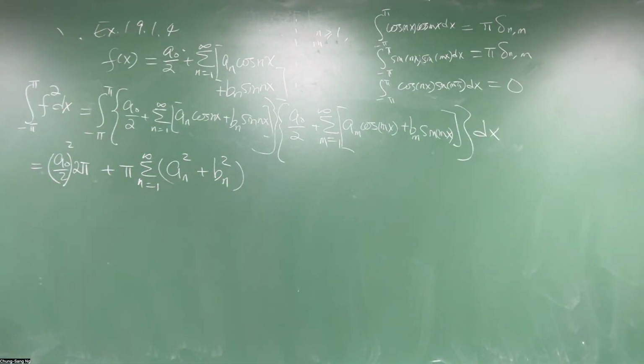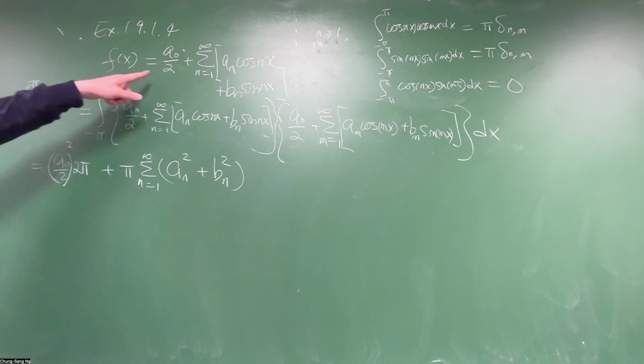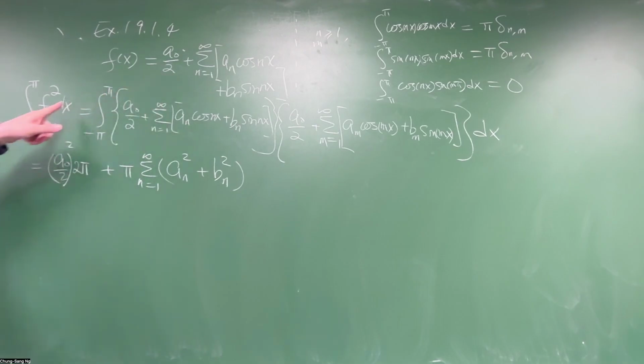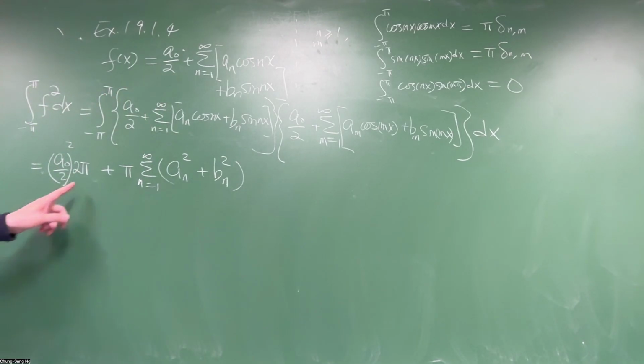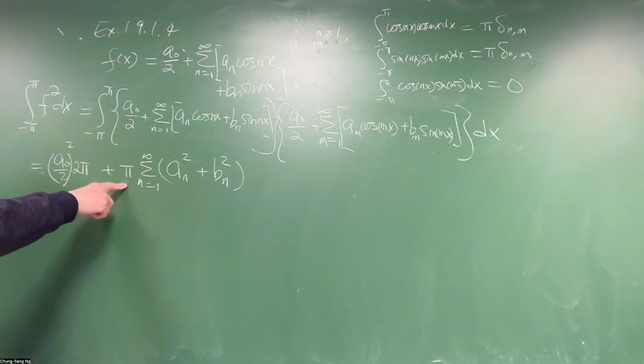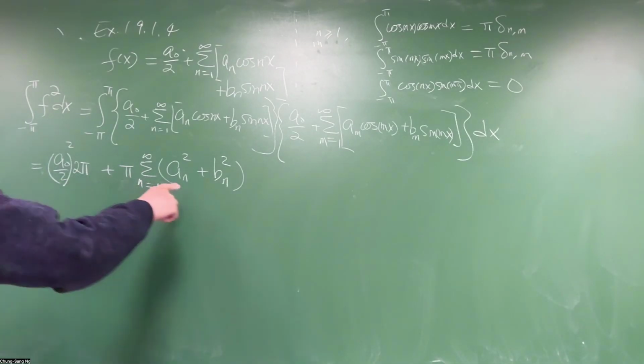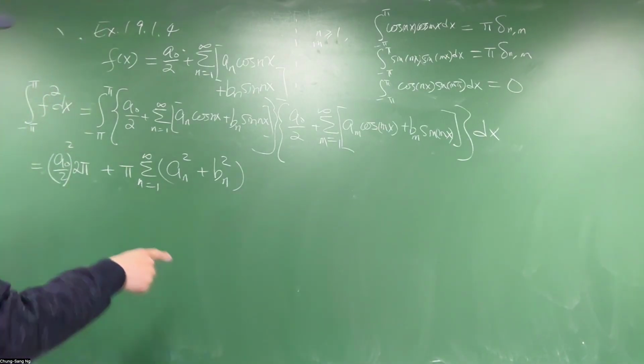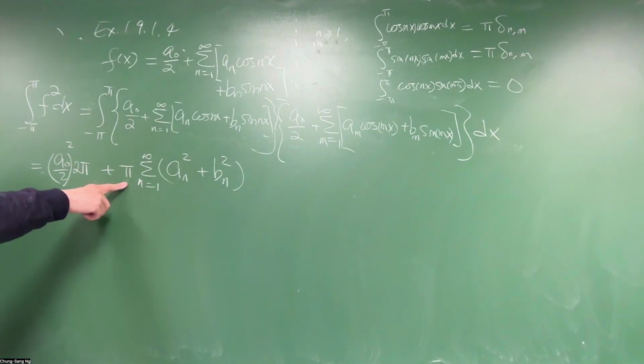So this will be the form of the Parseval theorem. Whatever function you expand in Fourier series, the square of this function integrated over the period is given by this form, the square of the coefficients, and then I multiply by the corresponding factor to get the proportion to the period.